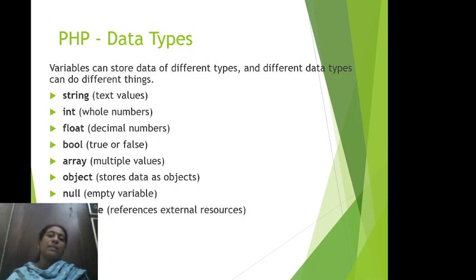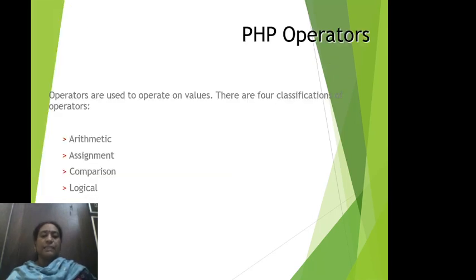Here I am mentioning so many data types like string, integer, float, boolean, array, object, null, and resource. Resource means external resources.